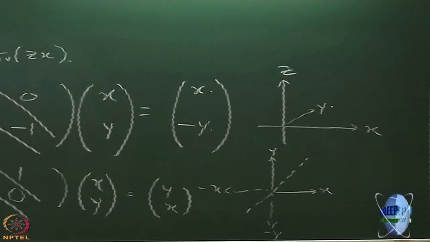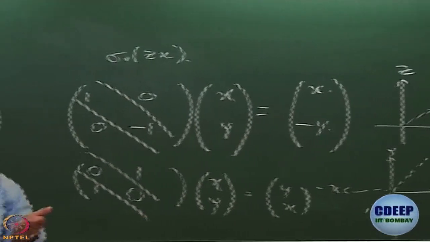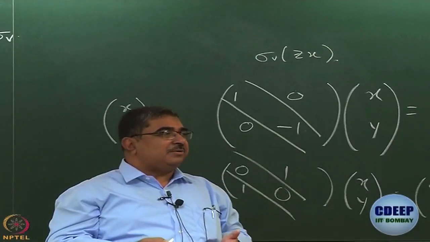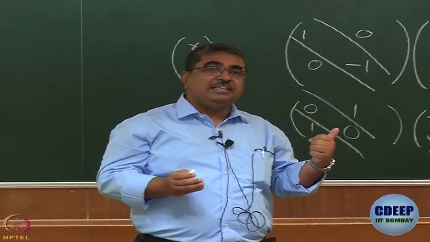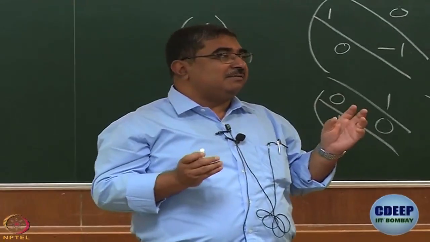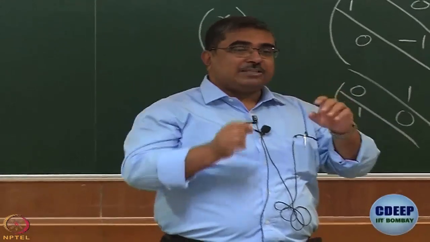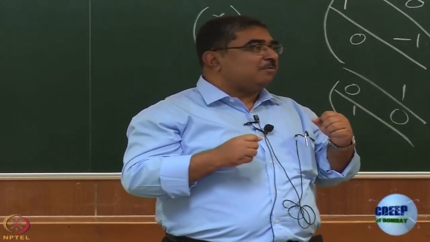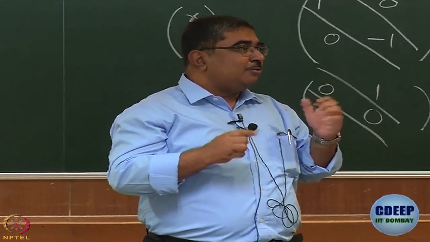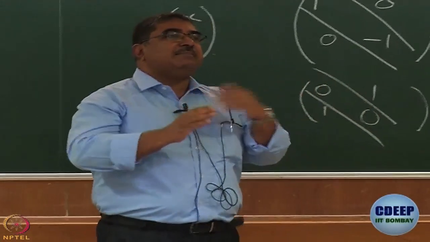okay. So, see, if it was a one dimensional representation, you could never have a character of 0, right. As we said, it had to be either plus 1 or minus 1. But now we see 0 is possible if you have two dimensional representations. Why? Because these two dimensions are actually being mixed by that symmetry operation, okay. You cannot take them by themselves.